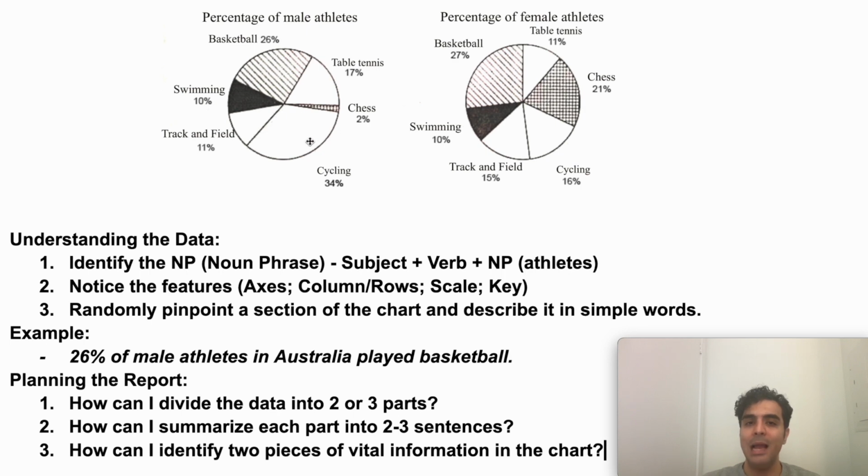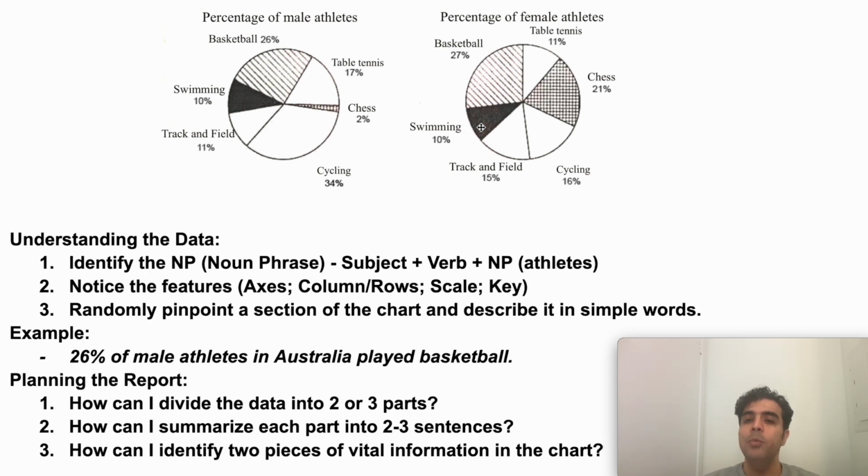Among male athletes, it seems that cycling is number 1, and basketball is number 2, right? And look, what other similarities do you see? Well, I can see that swimming is identical. We have 10% of male athletes showing an interest in swimming, and also 10% of female athletes showing a proclivity towards this sport. So what do we see?